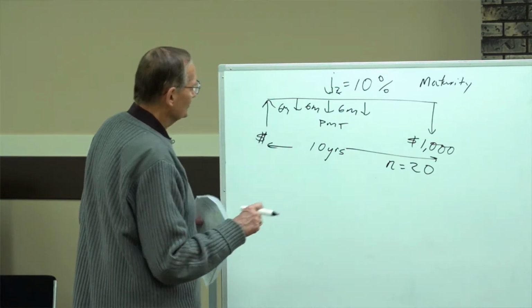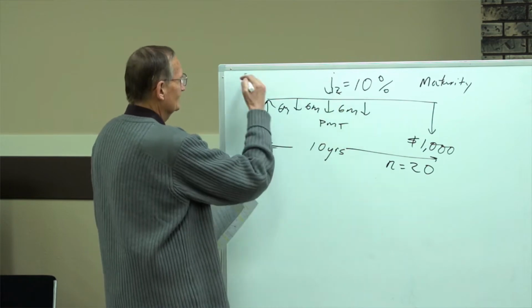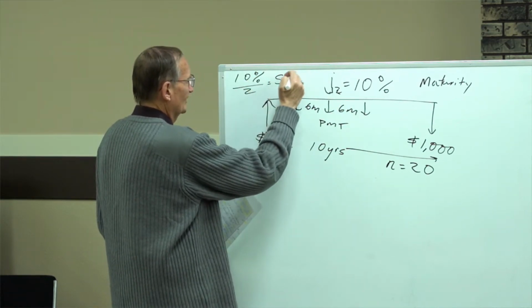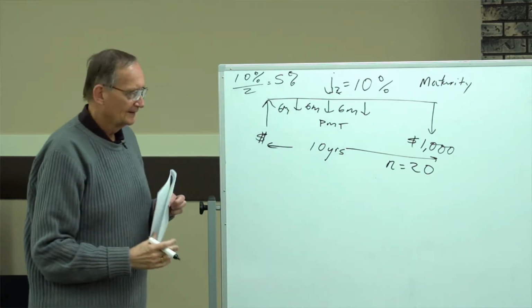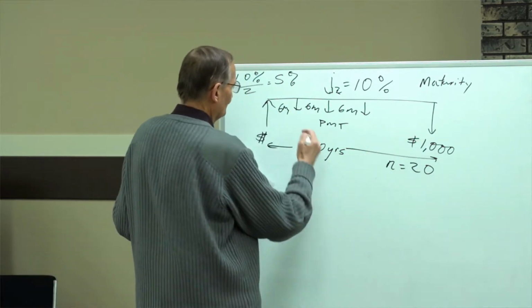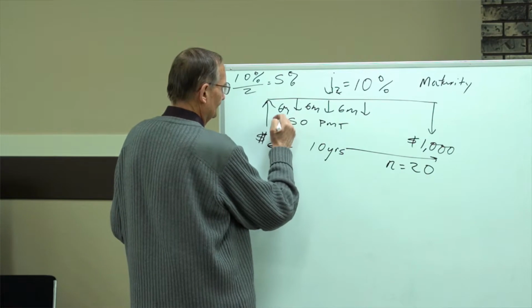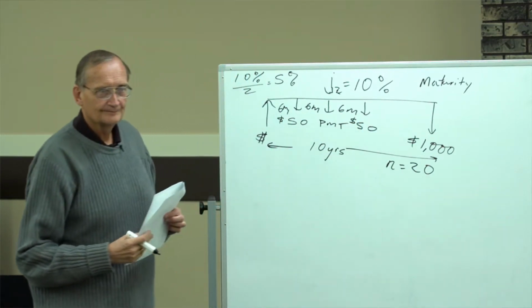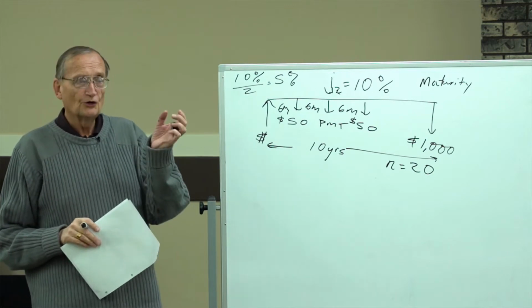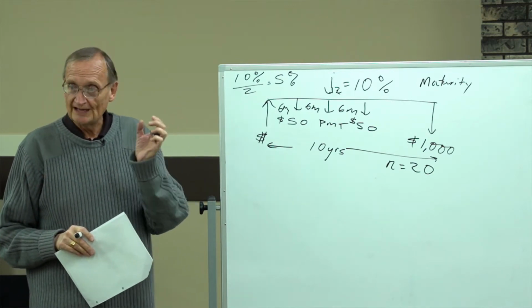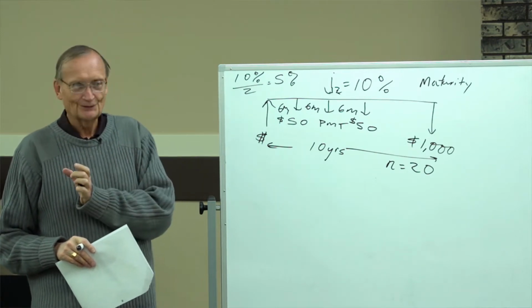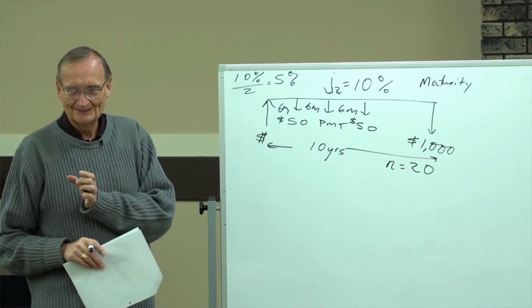Now, there's another way you can figure that out. Take the 10, divide it by 2. Is that 5%? 5% of 1,000, is that 50 bucks? Is that okay? Because you know that it's 5% interest every 6 months or 10% annually. Are we okay with that?